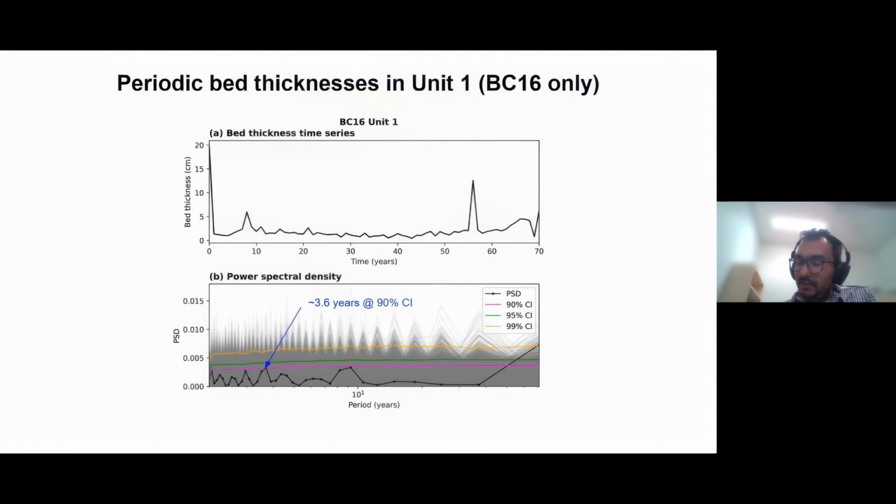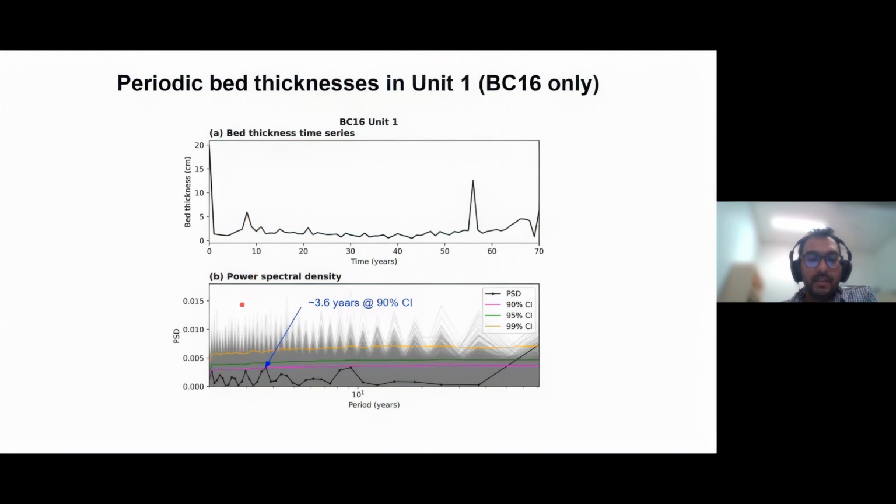So going forward from this slide, I will be showing you some figures of the periodic bed thicknesses we identified for each of the units. Unit 1 was observed in the borehole BC16 only. The figure on the top shows the bed thickness time series that is sampled every year based on the assumption that we use.